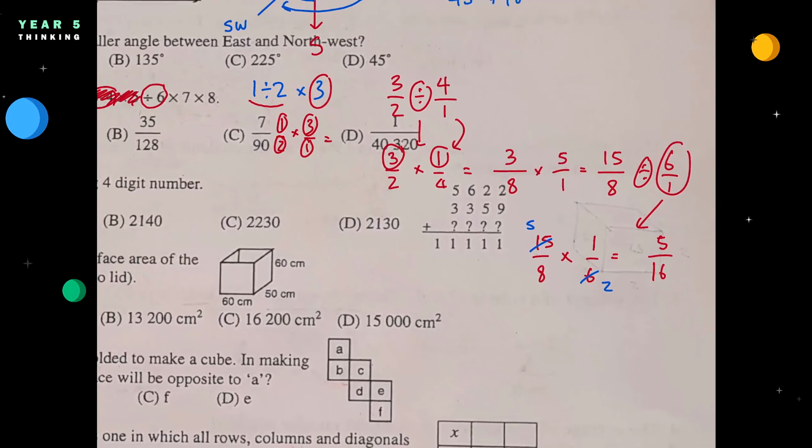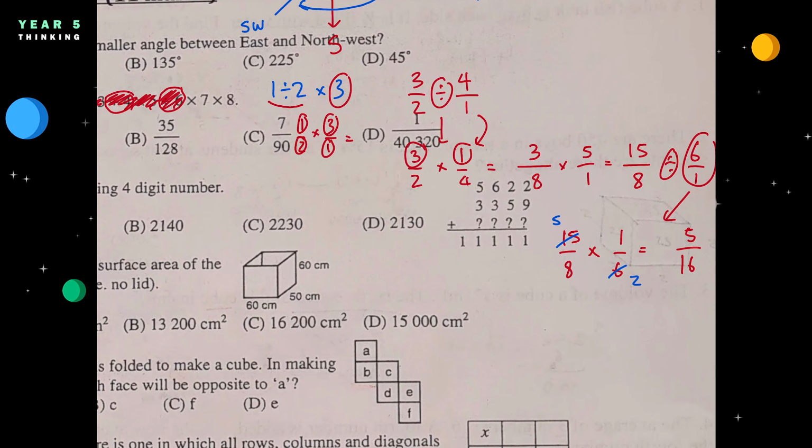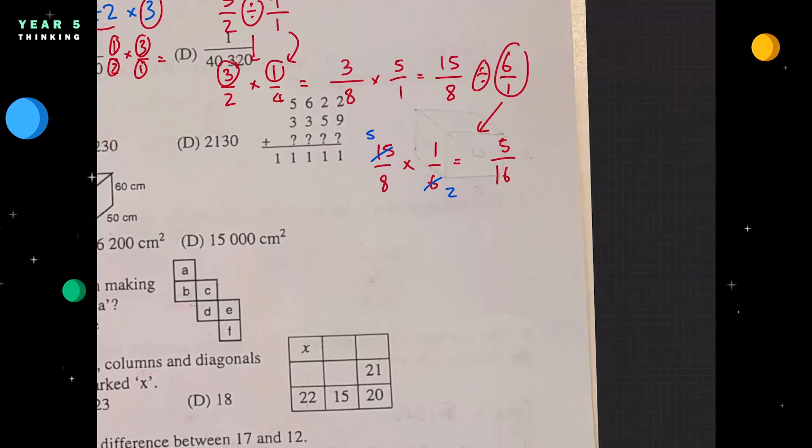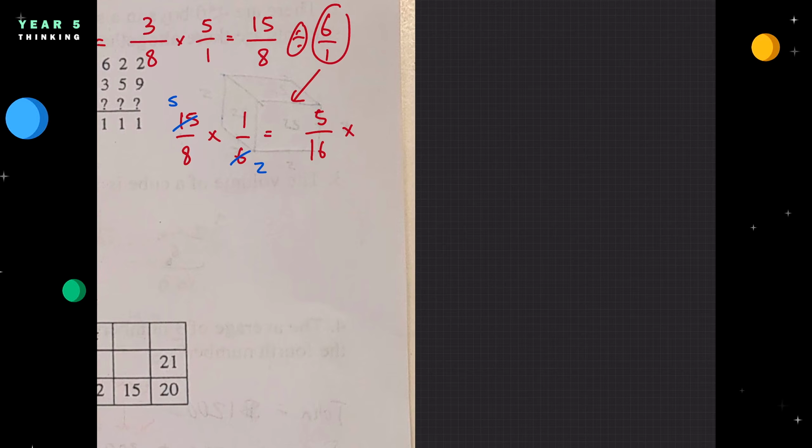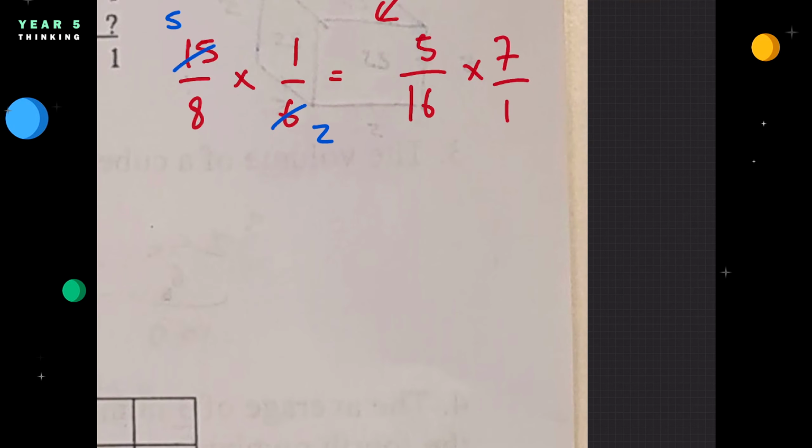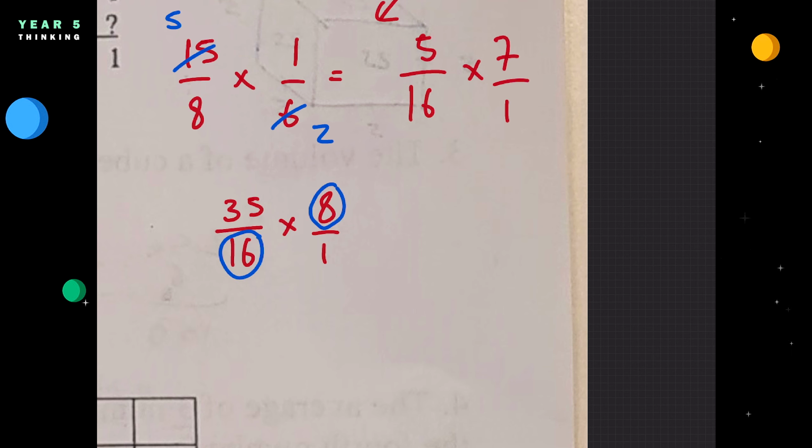And then next we're up to times 7 and then times 8. Times 7 over 1. We can't simplify anything here, so it's 5 times 7, which is 35, and 16 times 1, which is 16. Now we have to times it by 8. That's the last one. You may have noticed the 8 and the 16 can be simplified.